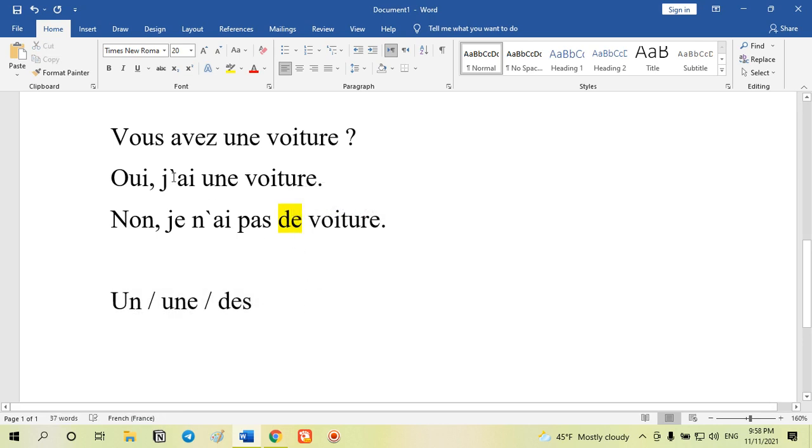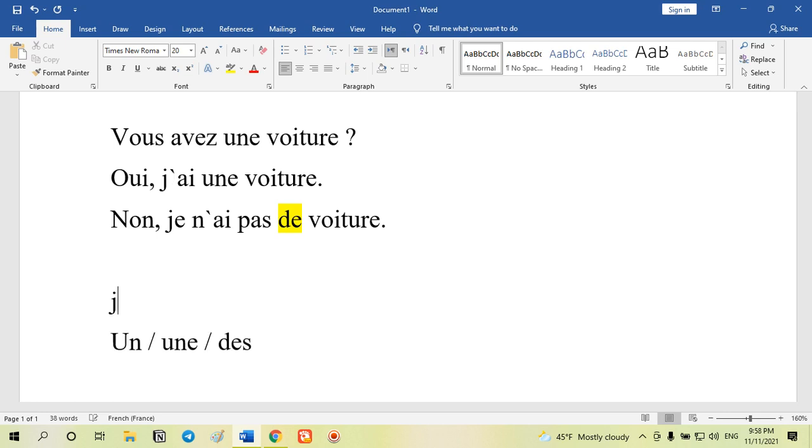For example, you have this sentence, j'ai une voiture, I have a car. But whenever you want to make it negative and say I don't have a car, if you say je n'ai pas une voiture, it's not correct. I will write it for you. Guys, this is not correct.